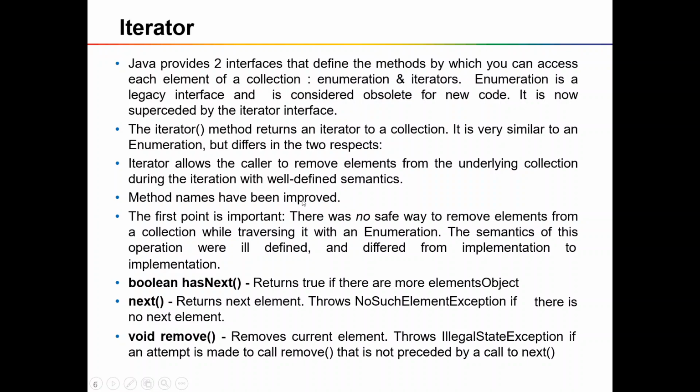The basic difference between iterator and enumeration is, in iterator, while you access the elements of the given list, if you wish, you can remove it. It is very easy. But in enumeration, you cannot remove an element while accessing it. And we have methods like hasNext, next, and remove. We discussed in the earlier session.